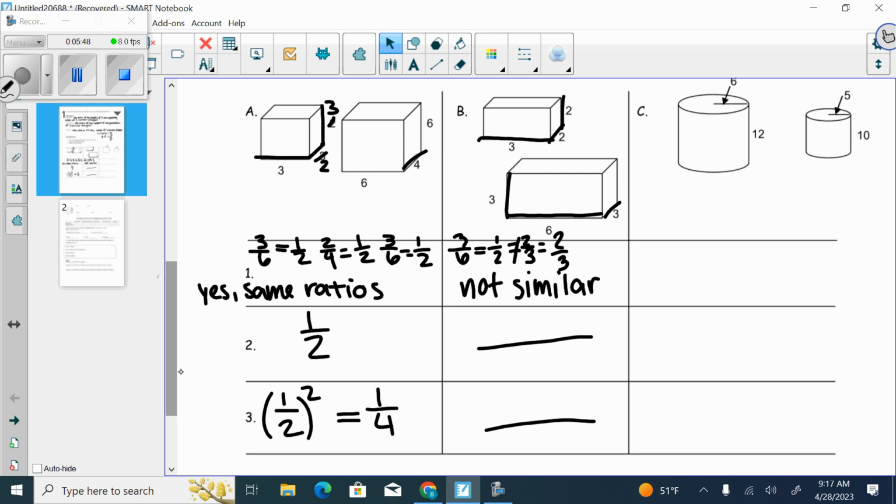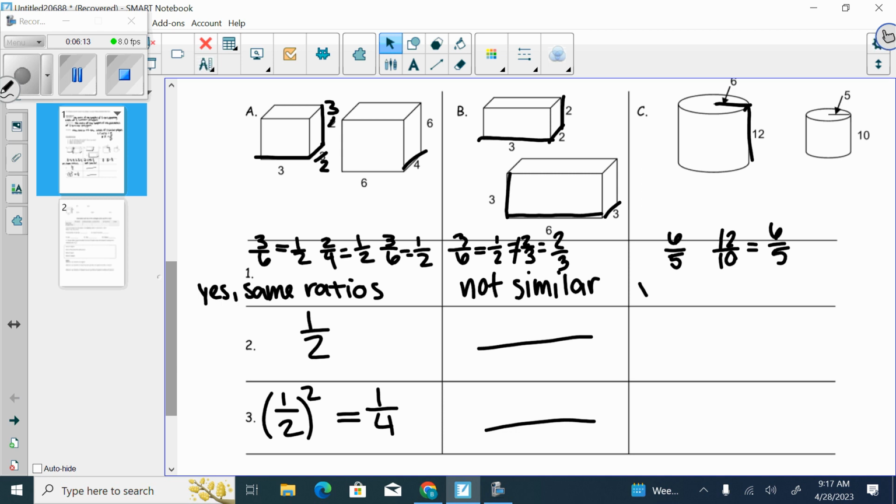All right, last one. On example C, the radius here, the 6, corresponds with what? Okay, so 6 over 5. All right, the height, 12, corresponds with, good. And we can simplify 12 over 10 down to what? Good. So do we think these are similar?